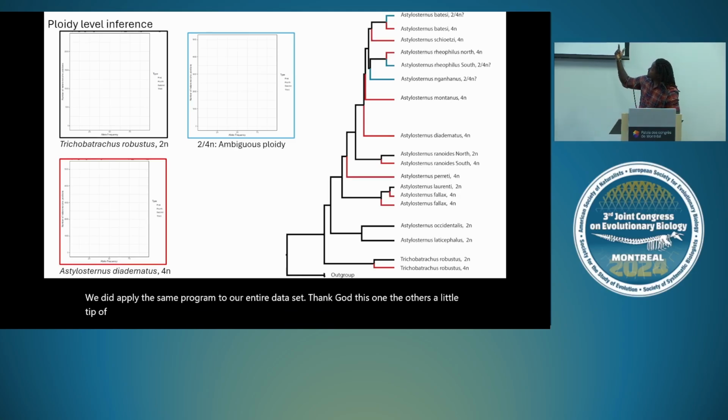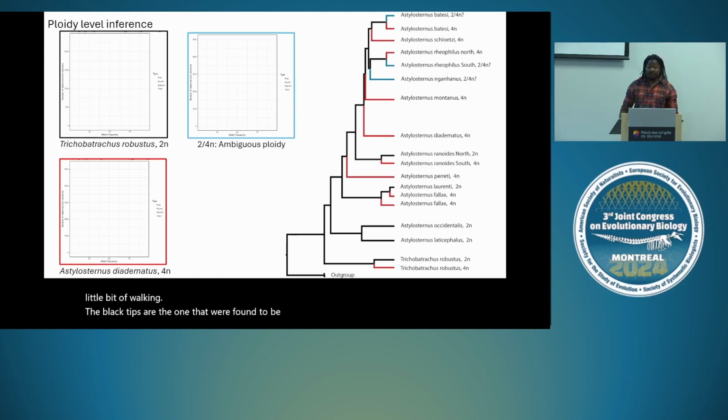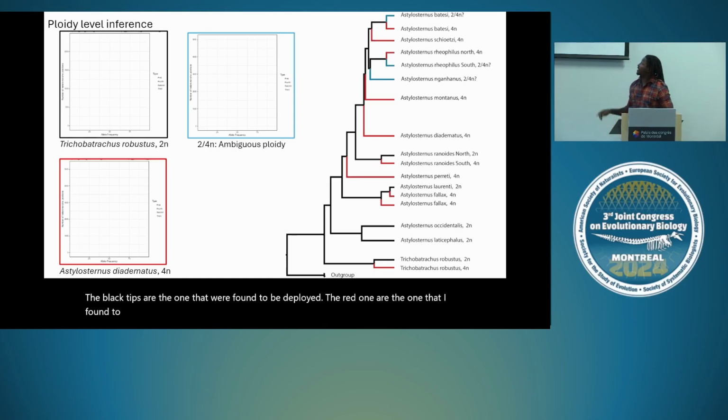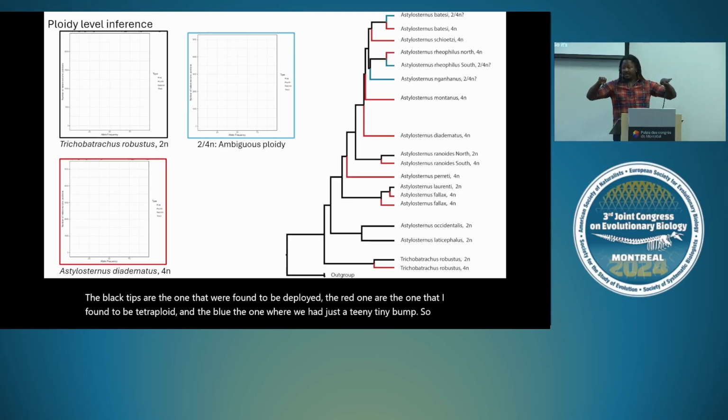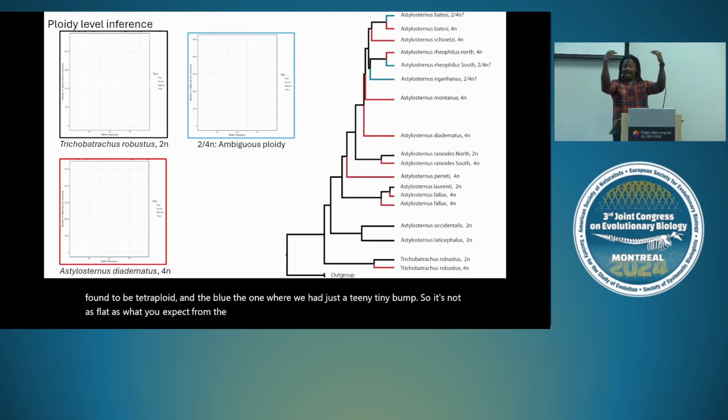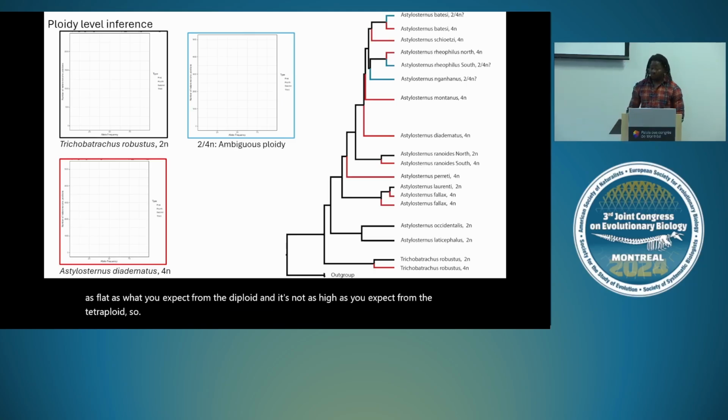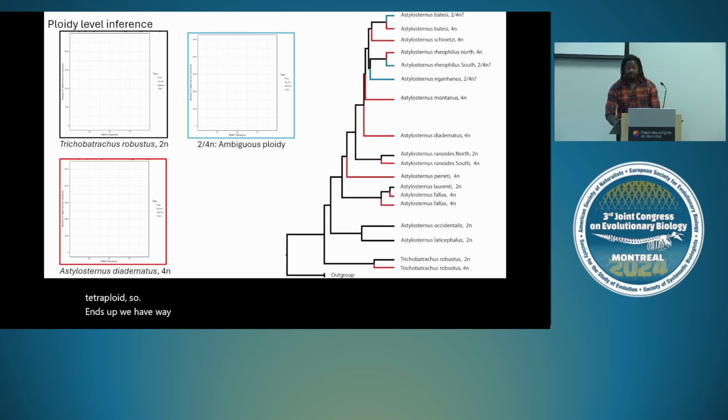The black tips are the ones that were found to be diploid. The red ones are found to be tetraploid. And the blue are the ones where we had just a teeny tiny bump. So it's not as flat as what you expect from a diploid, and it's not as high as you expect from a tetraploid. So it ends up that we have way more polyploid frogs in the Cameroon volcanic line than previously known.